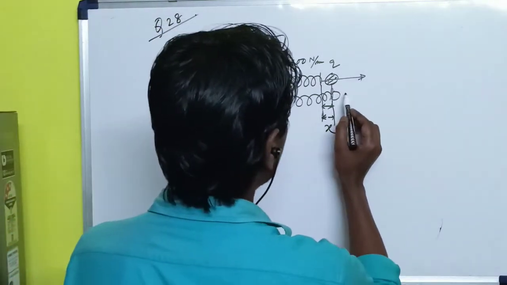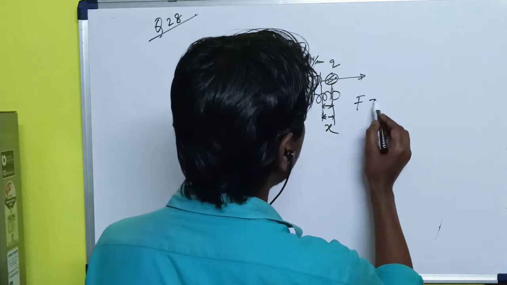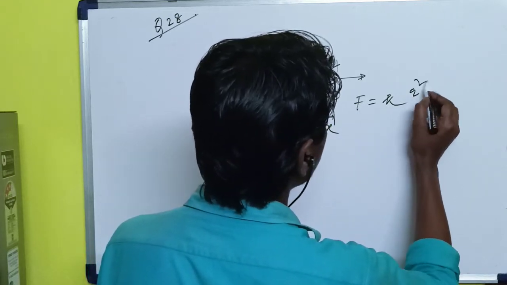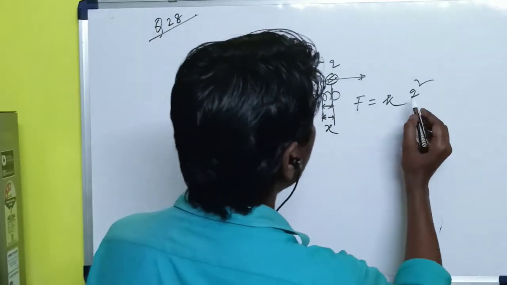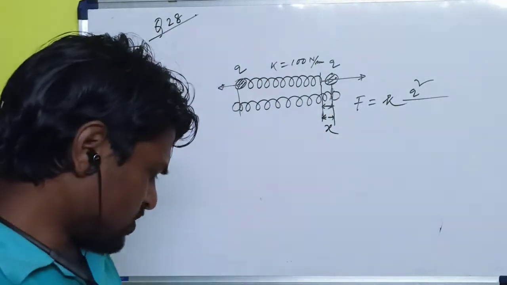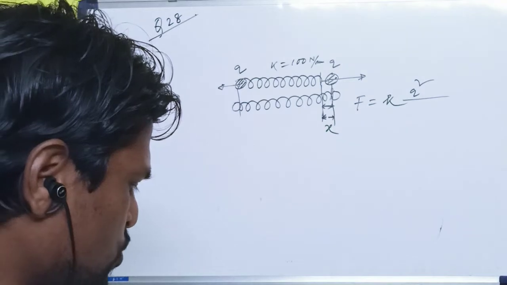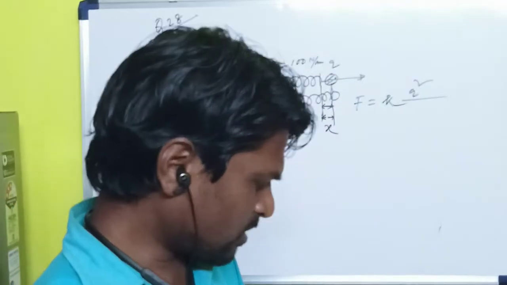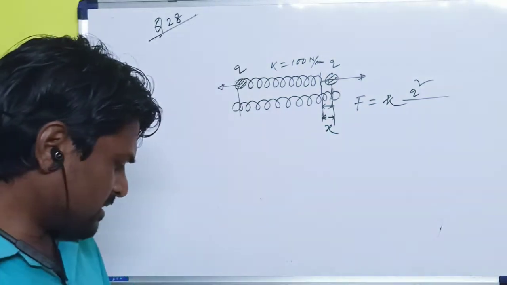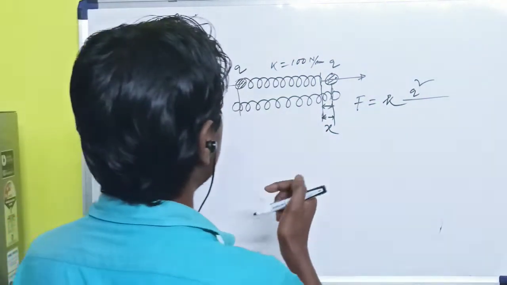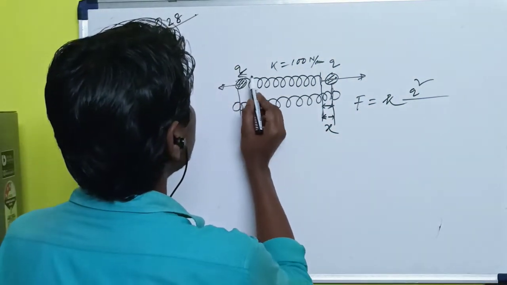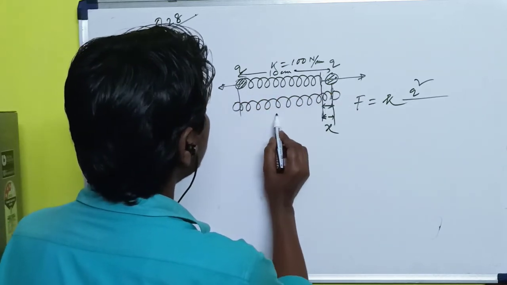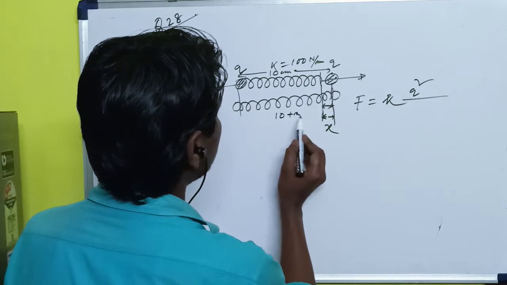So the repulsion force will be F equal to kappa into q, that is q square, by what is the separation? Two identically charged particles are fastened to the two ends of a spring of spring constant 100 and natural length 10 centimeter. So this is 10 centimeter, but this one is 10 plus x centimeter.